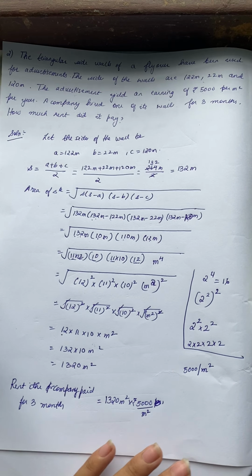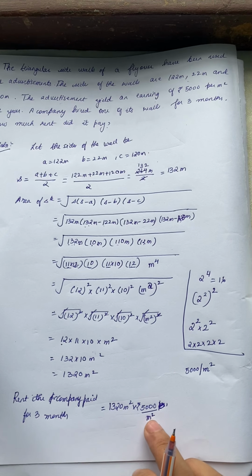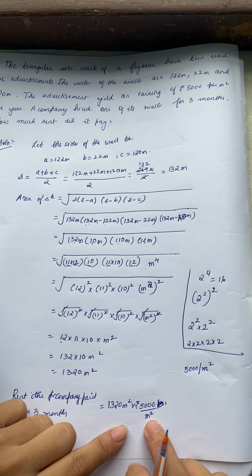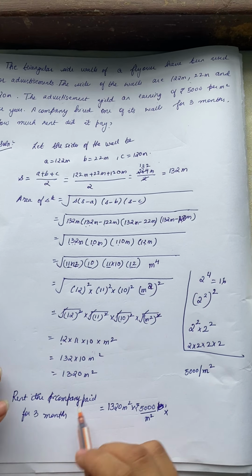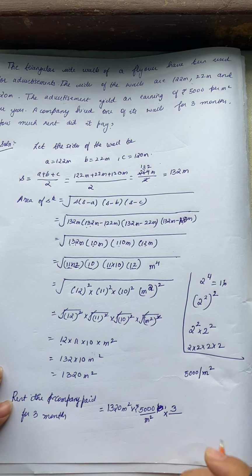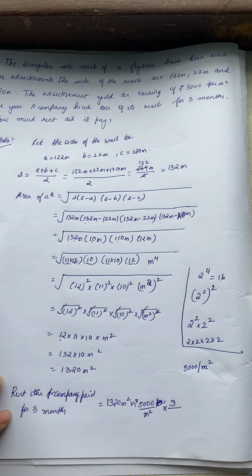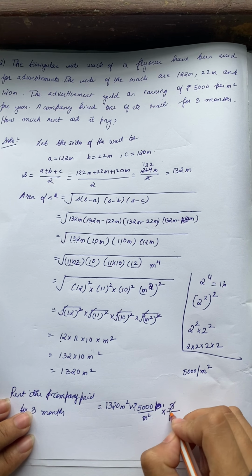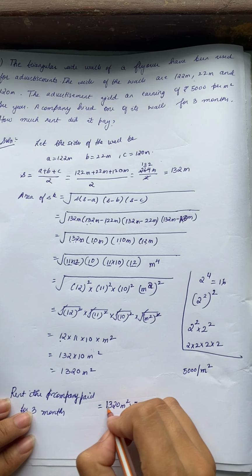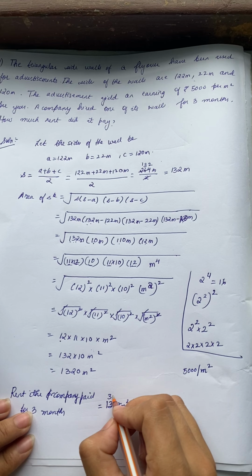So by per we refer to this. Into, for how many months do we have to find the rent? 3 months. And how many months are there in a year? There are 12 months. So don't make mistakes with this. 3 into 3 is 4, 4 into 3 is 12, 4 into 3 is 12 0.